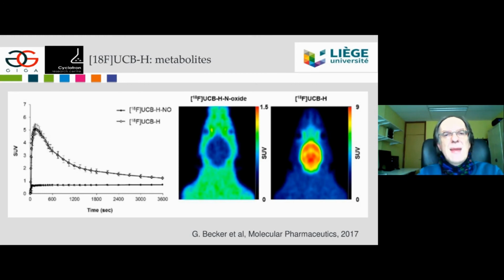So we've been labeling this important oxide, and we've been demonstrating that by using purely that metabolite, there is no accumulation at all in the brain.